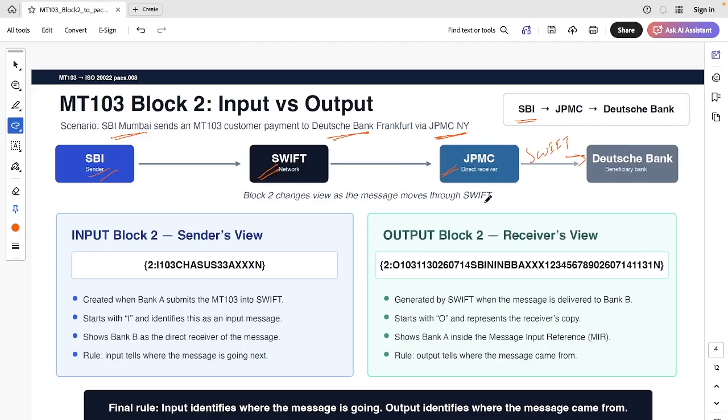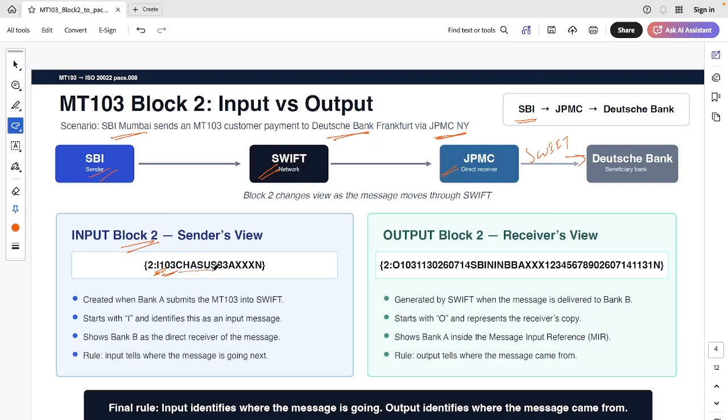For the current Swift transmission, SBI is the sender, and JP Morgan Chase is the direct receiver. The input block 2 could look like this. So let us read this value. I means input, that is, SBI is submitting the message on Swift. Then 103 is the message type, MT103.